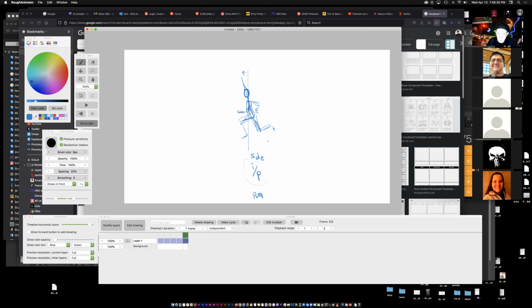Any questions? This is the run. And then what does the jump look like? If you do this as a progression rather than randomly, then if his head is this tall and he's going to have to jump over something, his head is going to have to come down. His line of action is going to change to a compression.